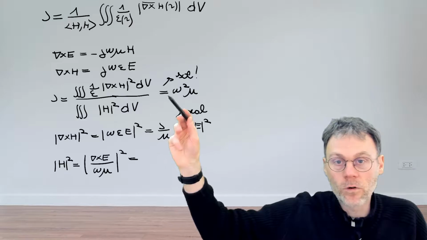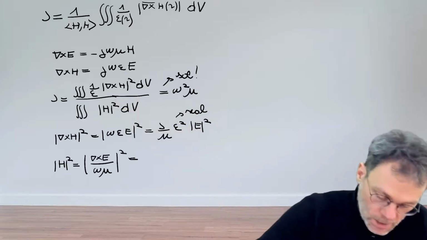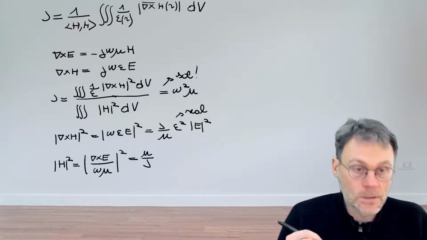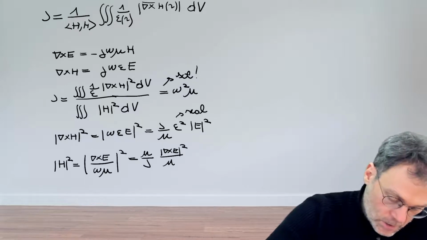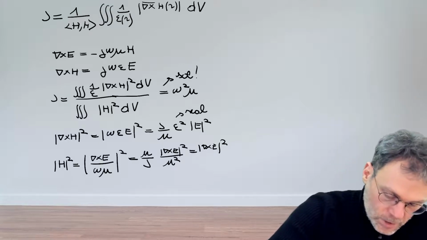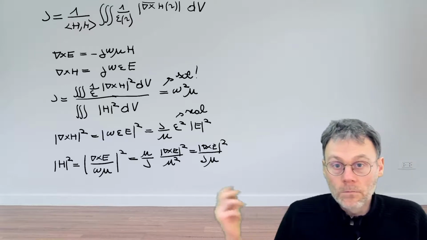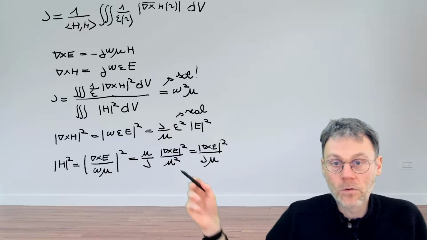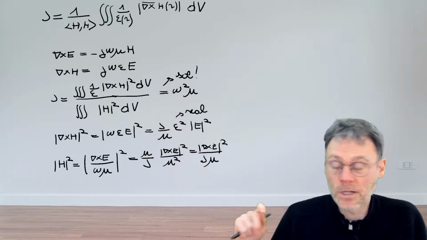This will be equal to mu divided by J, and then we just have the curl of E squared divided by mu squared. So curl of E squared, and then we just have a single mu in the denominator. This could be a good time to pause if you didn't end up here by yourself. Just pause the video and substitute this into that expression over there, getting rid of the magnetic fields everywhere.